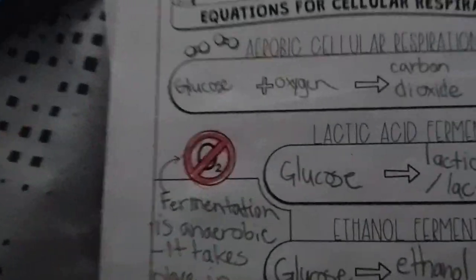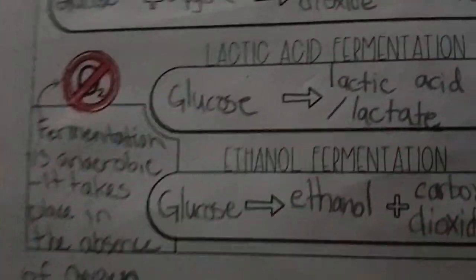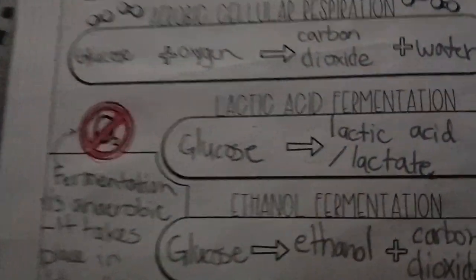Glucose plus oxygen yields carbon dioxide and water, and that's the equation for cellular respiration. For lactic acid fermentation, glucose yields lactic acid, or lactate.